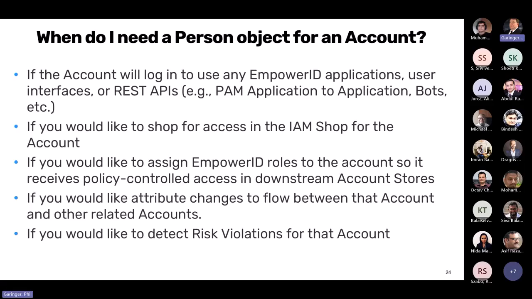Adding a person to a group does an RBAC, or security-based, assignment of that person to a group. It does what we call an RBAC assignment. So we're going to make sure that the account that's joined to that person always stays in that group. If I go into EmpowerID and put Phil, the person, as a member of this group, then our group membership reconciliation will go find Phil and see that this group is in this account store, look to see if there's an account in that account store joined to Phil, and put that account into that group.